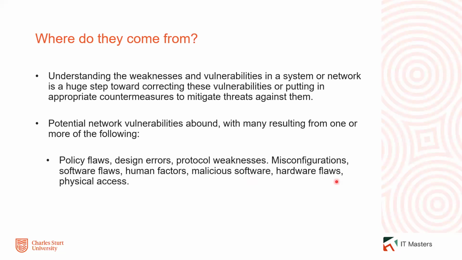If the hardware is not right, they can open up some problems there, or around BIOS or firmware on server-based systems, as a couple of examples. Or obviously, if someone can gain physical access to your system because of potential policy flaws or design errors or whatever, then if they've got physical access to your system, that's about as good as it gets from an attacker's point of view.